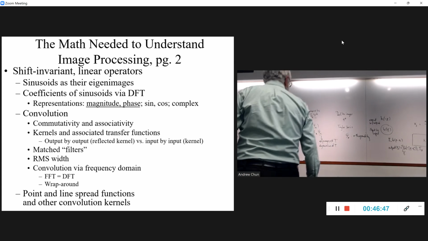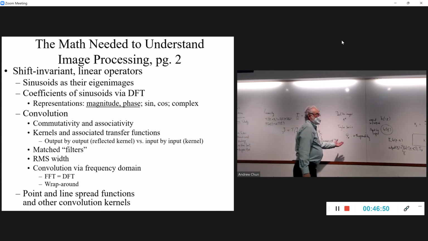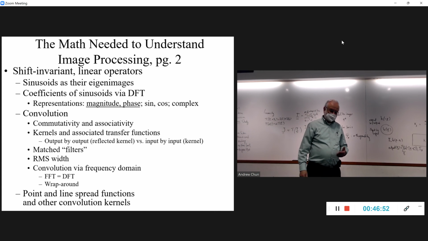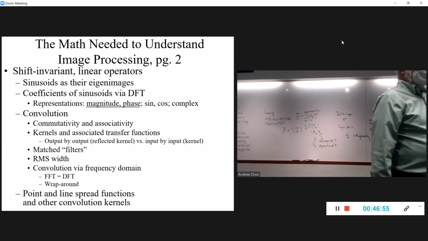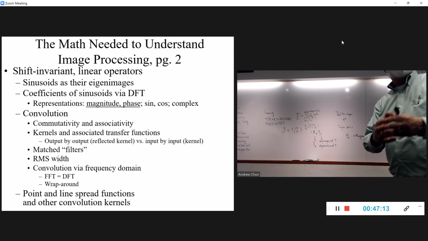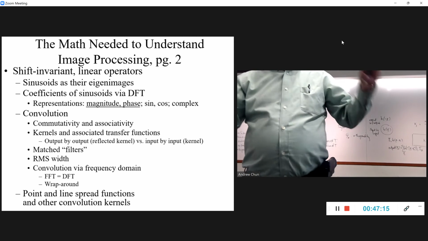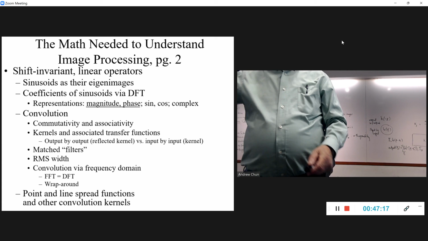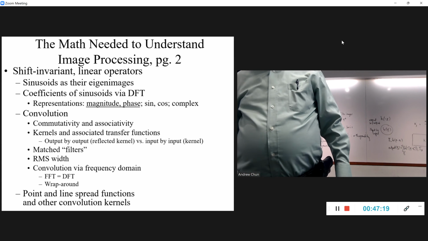And the result is that if we want to apply them in cascade, we can understand it as convolving the kernels, typically via multiplication in the frequency domain, and then apply the resulting convolved kernels to the image.